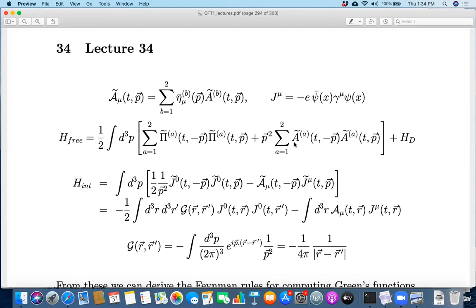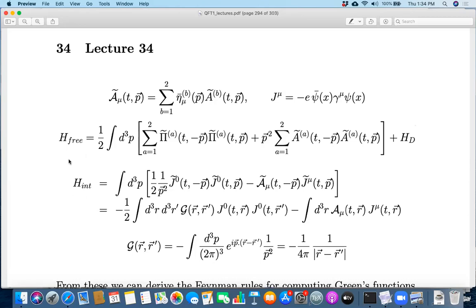The free Hamiltonian had this structure. You can see that this is quadratic in the momenta, quadratic in the gauge fields, and there is the free Dirac Hamiltonian, which is also quadratic in the fields psi and psi bar. So this part is identical to free Maxwell theory, and this part is the free Dirac theory.